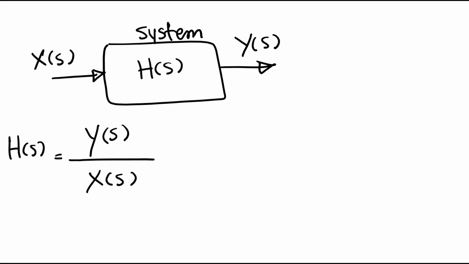So in order to find the transfer function of a system, what I need to know is the relationship between the output and input Laplace transforms. So this is what we are looking for.